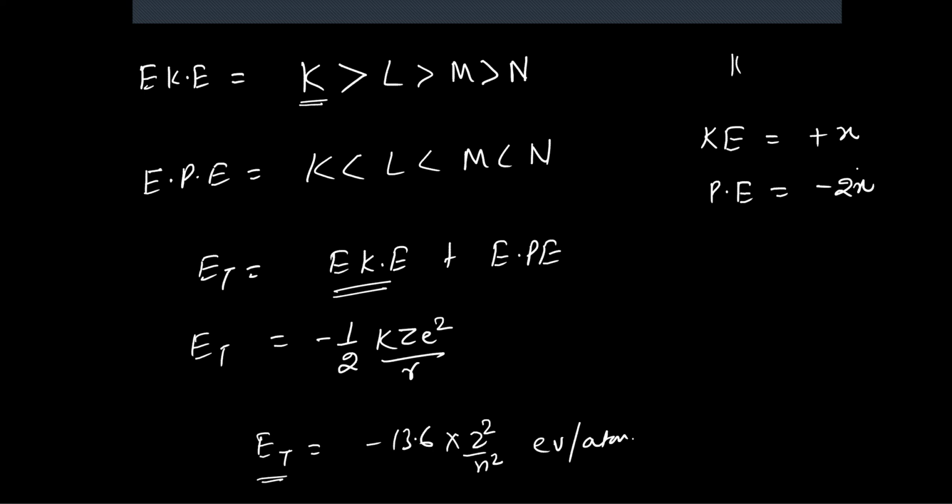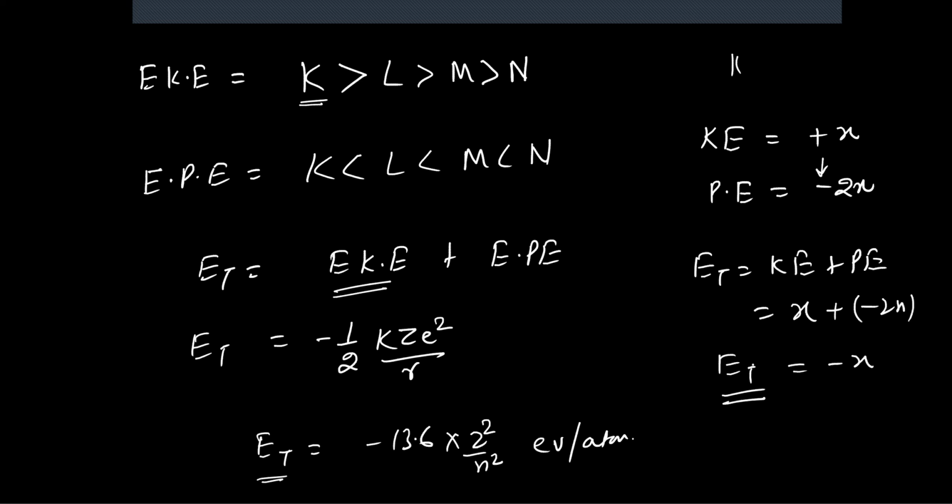Now the total energy of the electron is kinetic energy plus potential energy, so plus X plus minus 2X gives you minus X. So the total energy is the same as the kinetic energy, but with negative sign. You understood?